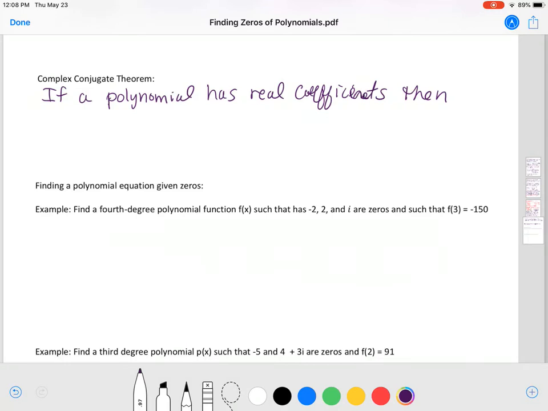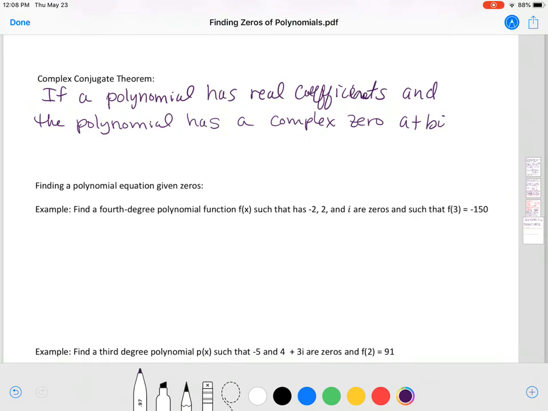They're all real numbers, things that come off the real number line. And the polynomial has a complex zero, a plus bi, where b isn't equal to 0. You have an imaginary part in there.